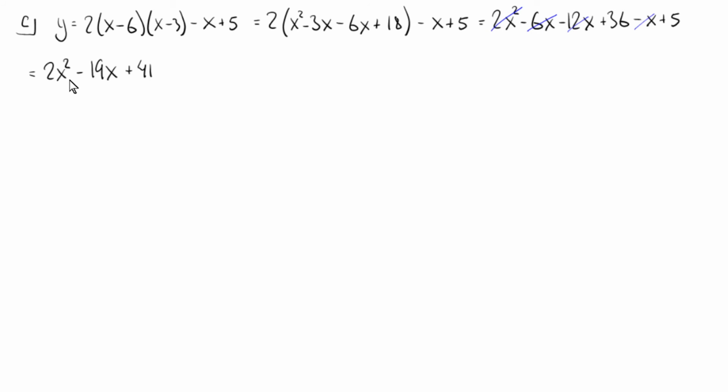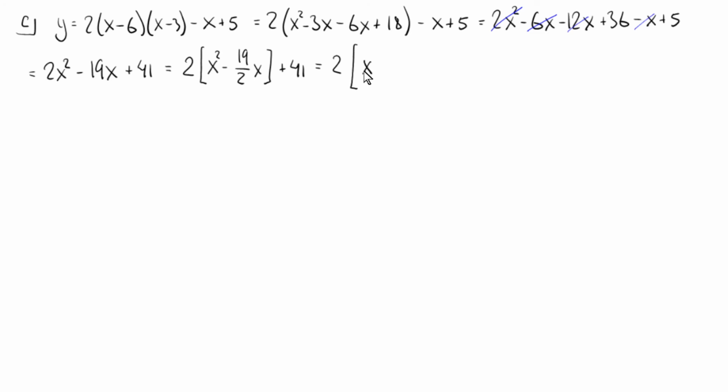We go ahead and factor out the greatest common factor from the first two terms, which is 2, which leaves us with x squared minus 19 over 2 x. We go ahead and complete the square.